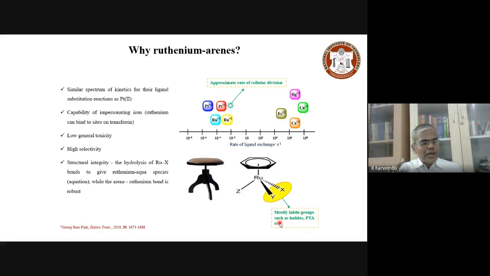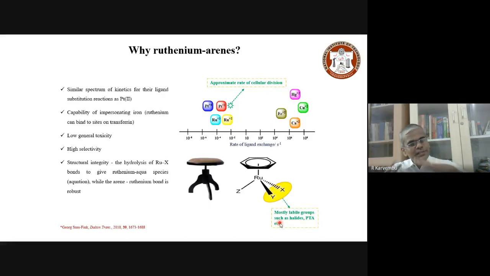Why do I talk about kinetics? Because the cisplatin that I have shown already doesn't function as such inside the body. We take it as cisplatin, but once it gets inside, it is converted into an aqua complex. One of the Cl- ligands is substituted by water.